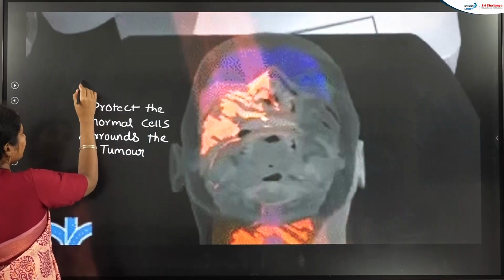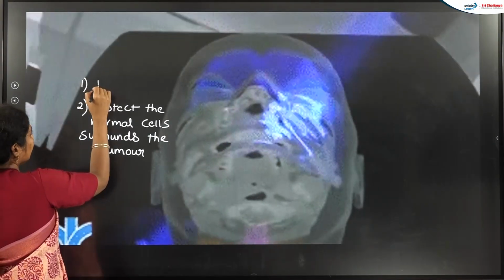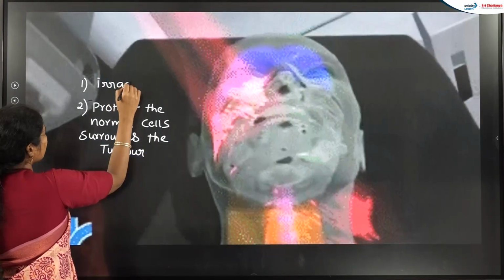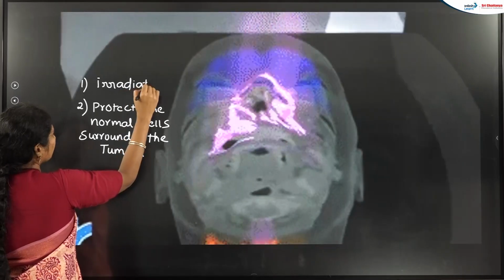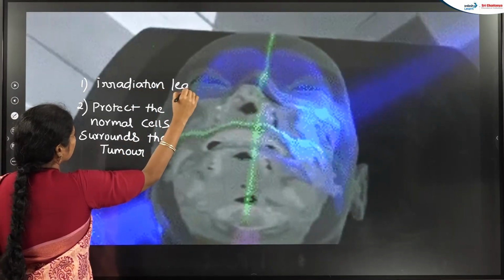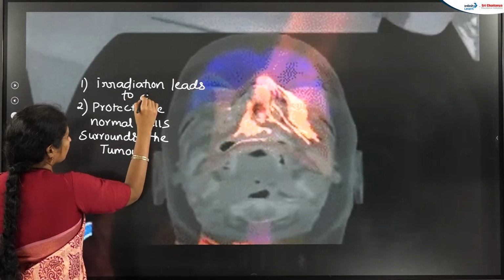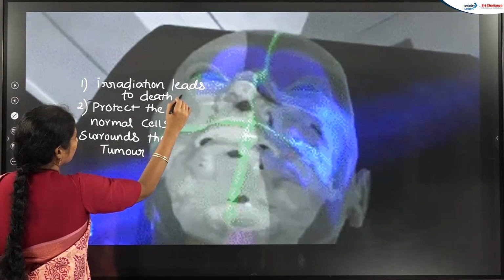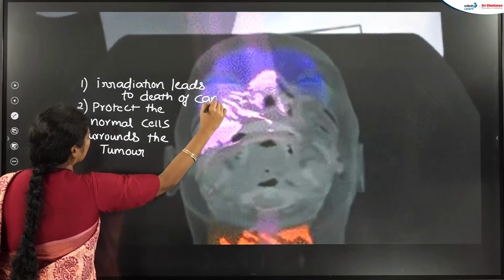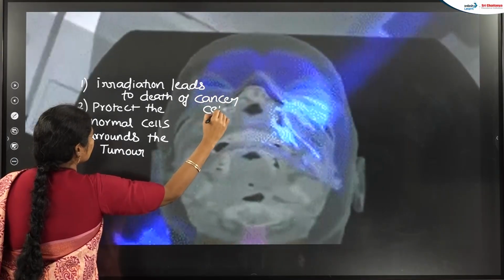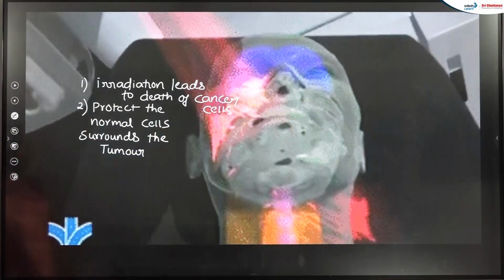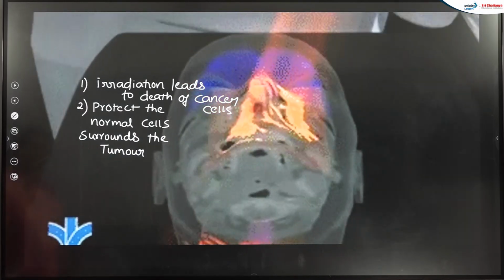So the first point is that irradiation leads to death of cancer cells, and we also have to protect the normal cells surrounding the tumor.